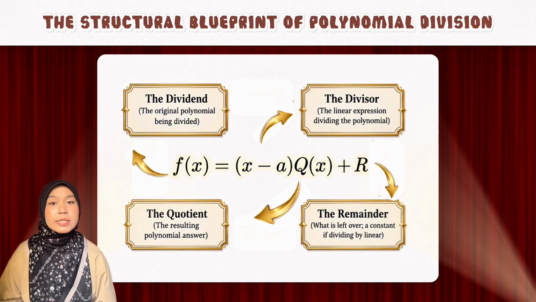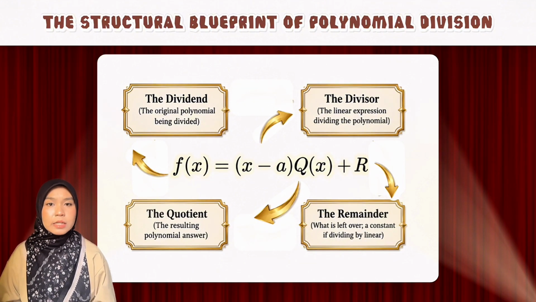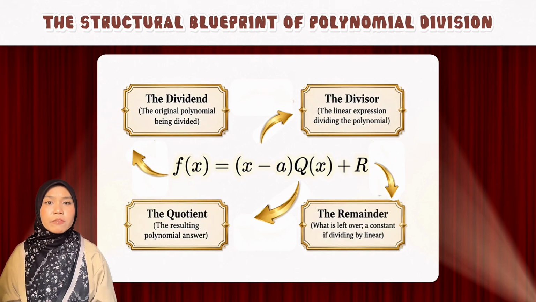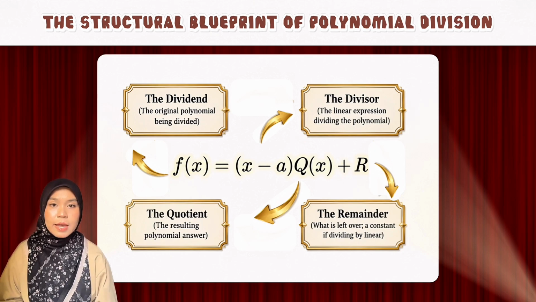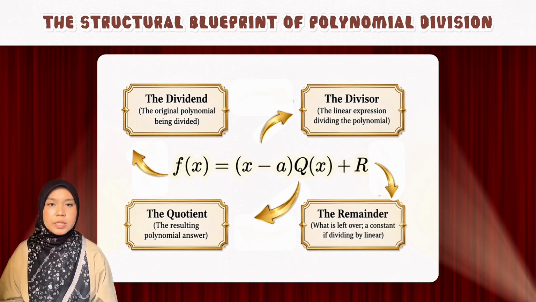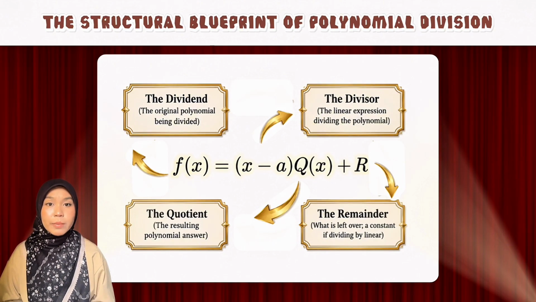And the last one is the remainder, what is left over, a constant if dividing by a linear expression. So the relationship is f(x) equal to (x minus a) multiplied by q(x) plus r. This equation is very important because it becomes the basis of both the remainder theorem and the factor theorem.